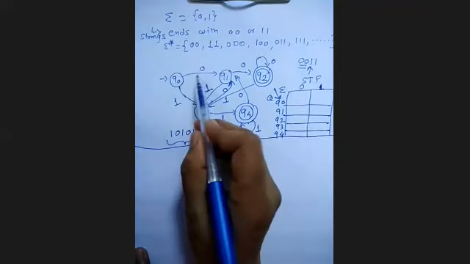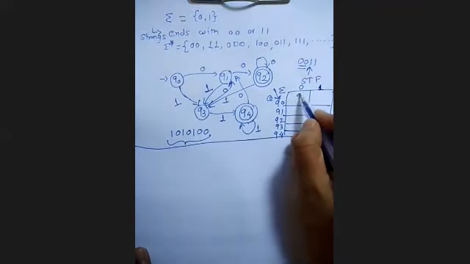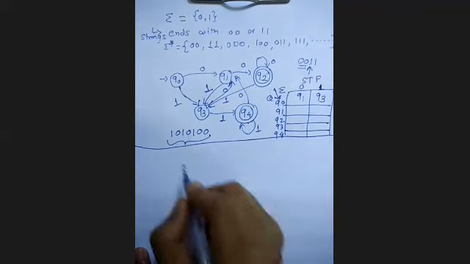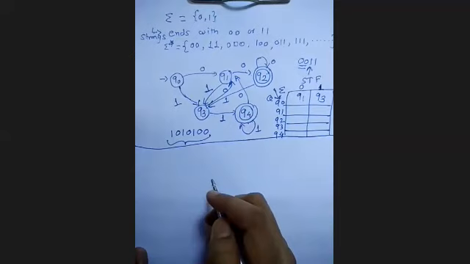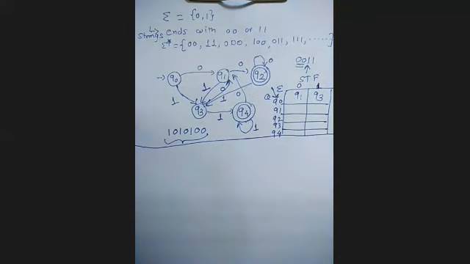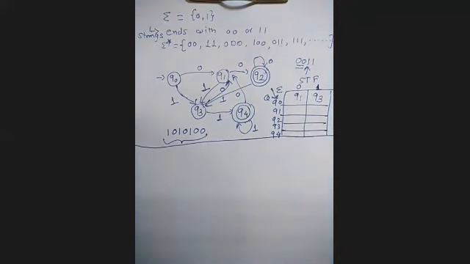From this, Q0 on 0 goes to Q1, Q0 on 1 goes to Q3. That way you can complete the table. Is the example clear? So we move to the next example.